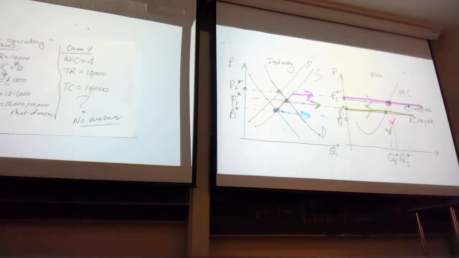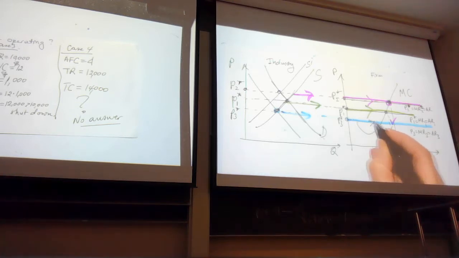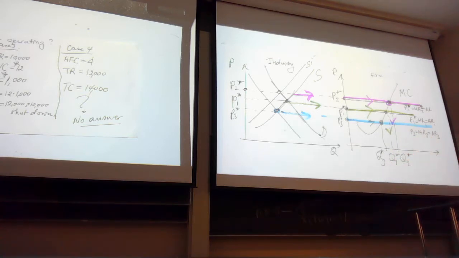The firm is going to say, oh, okay, I have therefore a new average revenue, marginal revenue curve, 3. And it is this new curve that's relevant. I'm going to look at the intersection of that marginal revenue and my marginal cost, and I'm going to decide on my Q3 this way.